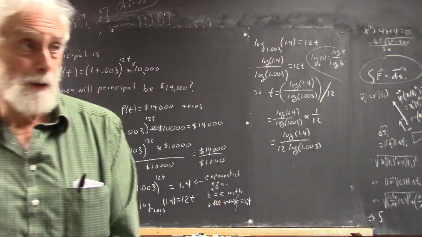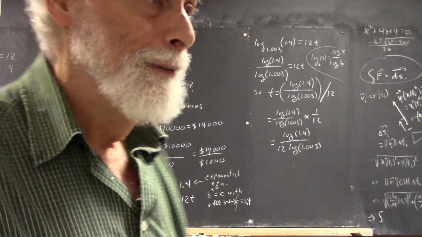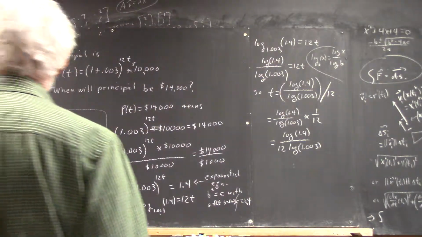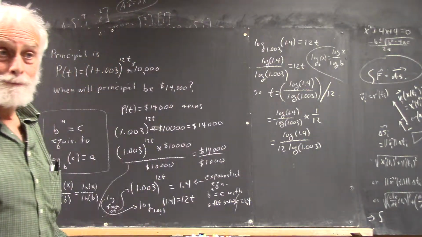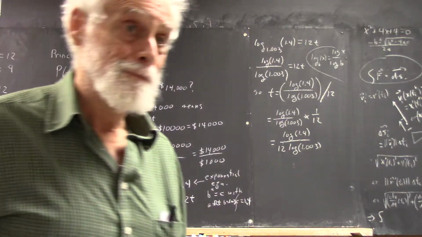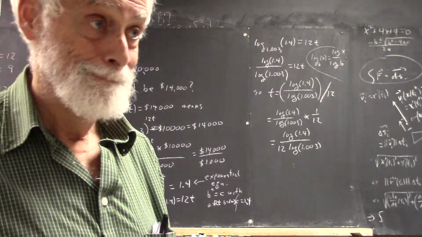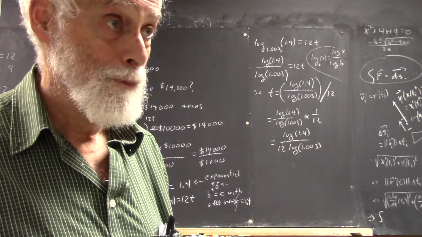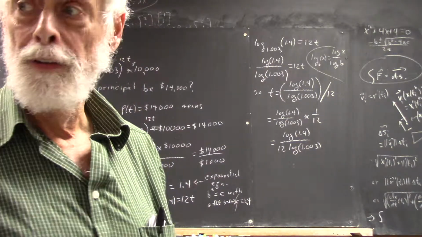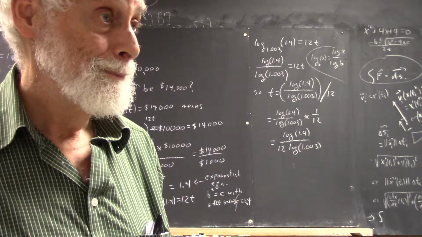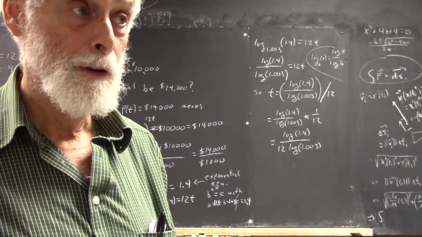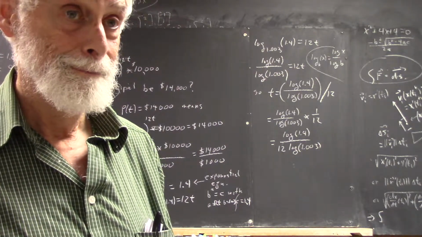I'm going to give you a bunch of problems to translate between logarithmic and exponential notation. That's at least half the battle. Okay? It's important to be able to solve these equations. And it's not difficult if you practice it.